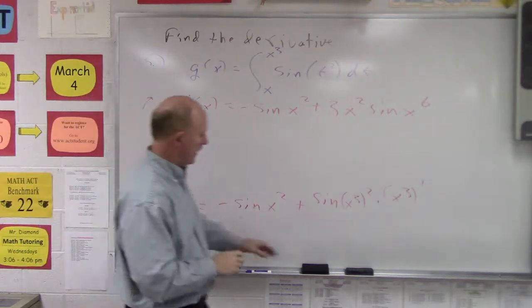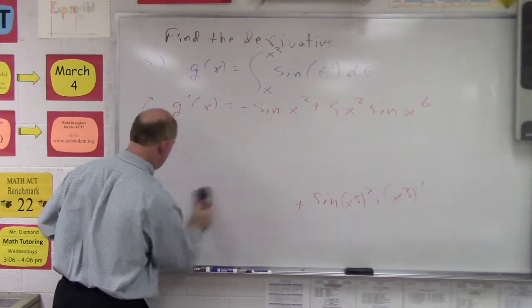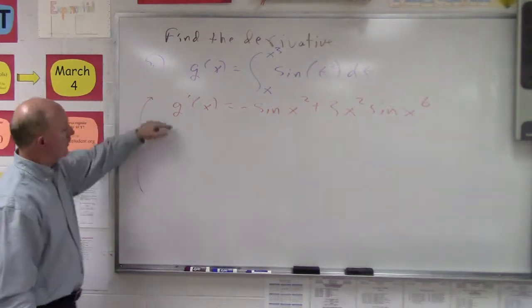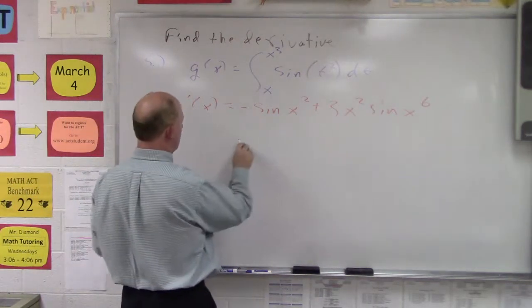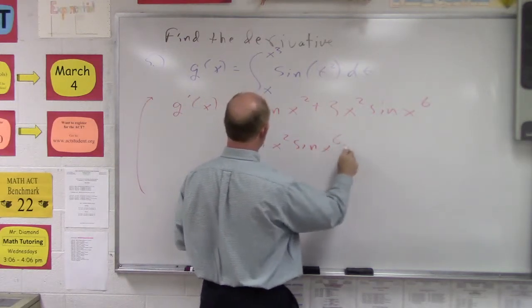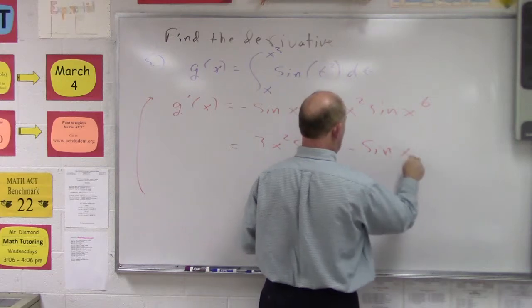This is our derivative. If you want to, you can rearrange this: 3x squared sine x to the sixth minus sine x squared.